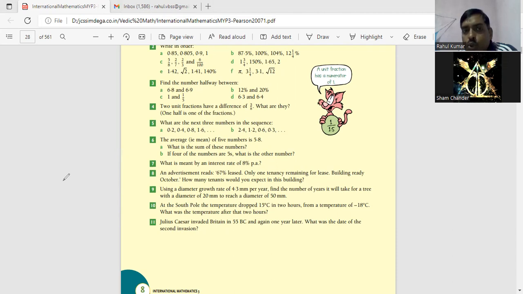What is the question? Two unit fractions have a difference of 3/8. What are they? 1/2 is one of the fractions. So what is the other?